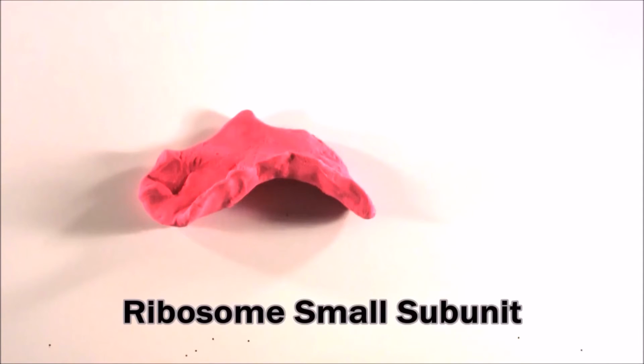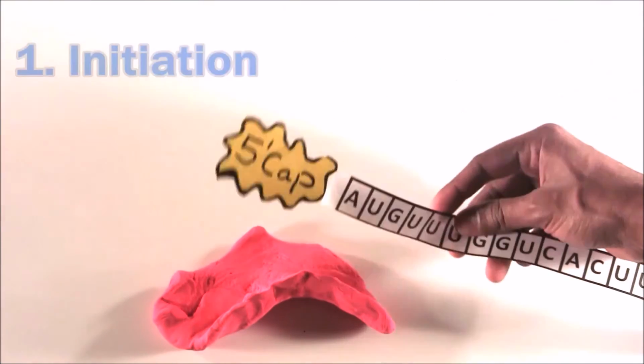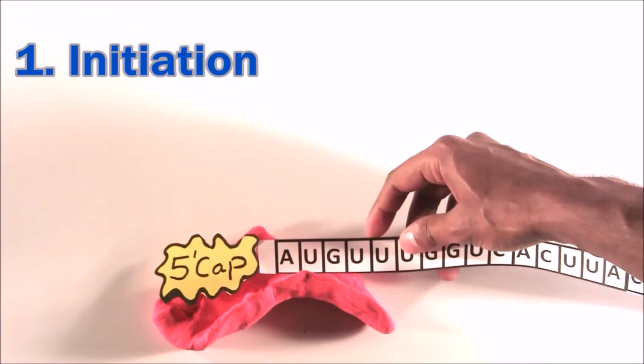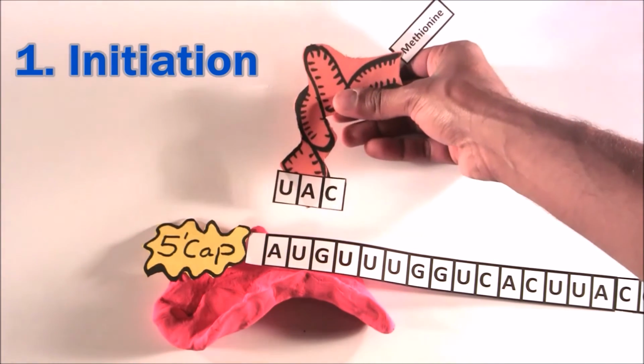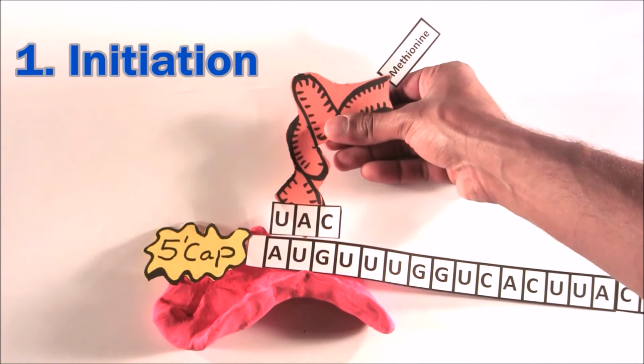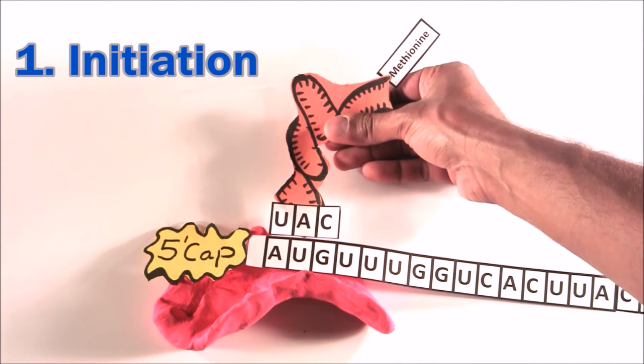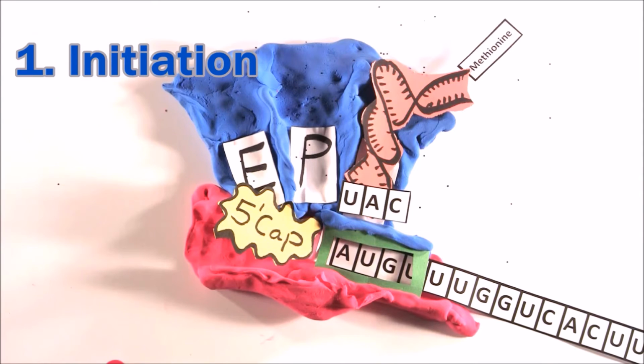We also need the ribosome's small subunit. It binds the mRNA transcript, and this is where translation starts. Through initiation, mRNA is bound to the small subunit. Then a methionine tRNA is recruited into the start codon.